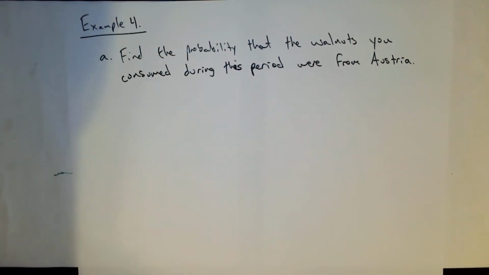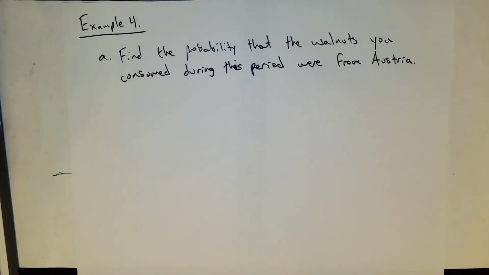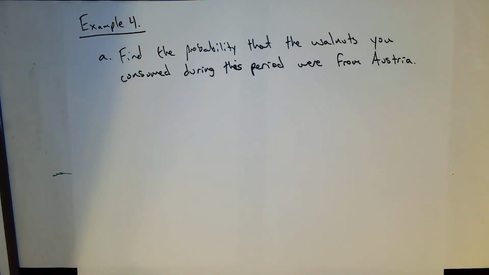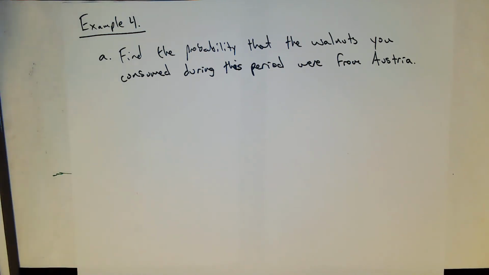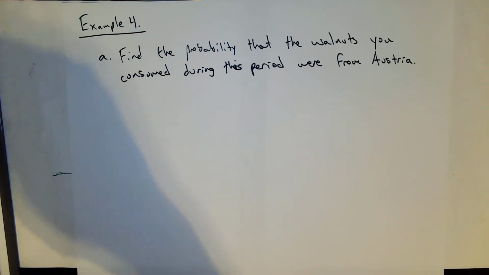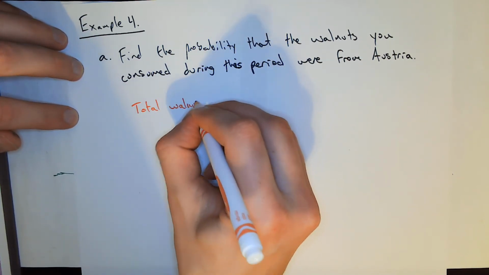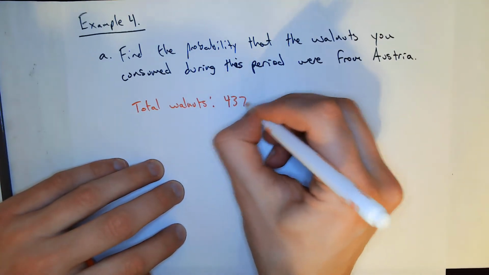So, if we want the probability that the walnuts you consumed during this period were from Austria, then what we want is the total number of walnuts possible that came into the U.S. That'll be the size of our sample space. That's the total number of pounds that came into the U.S. from different locations. So total walnuts: from India, we had 4,373.